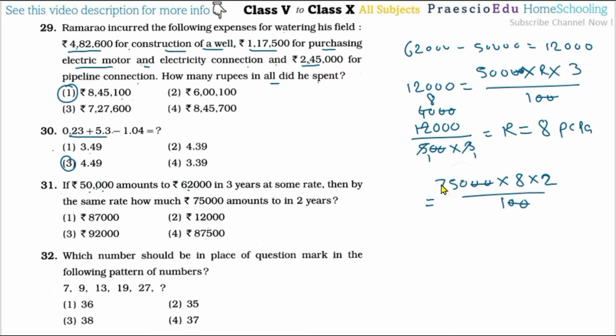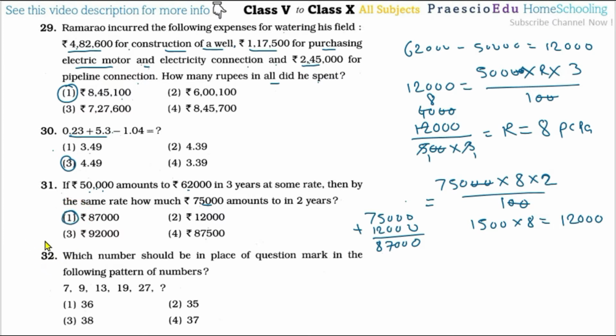Now 750 multiplied by 2 is 1500, multiplied by 8, so that will be 12,000, and 12,000 is the interest, so that has to be added here. So 75,000 plus this 12,000, that is 87,000. So 87,000 is given in option number 1.